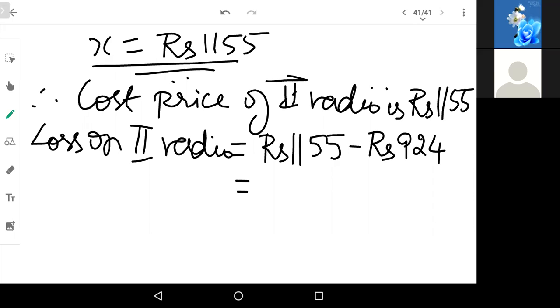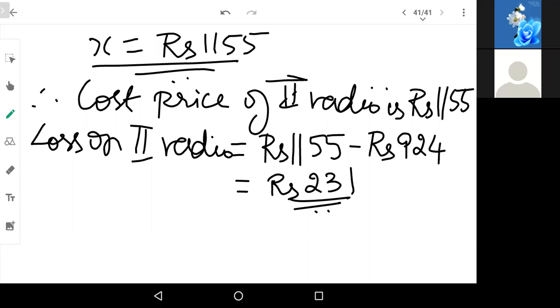So therefore rupees 231 is the loss made on the second radio. Understood? Any doubts until here? Yeah, correct. 231 is the loss.